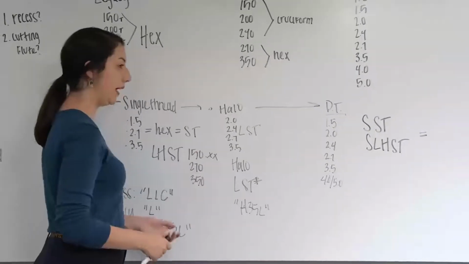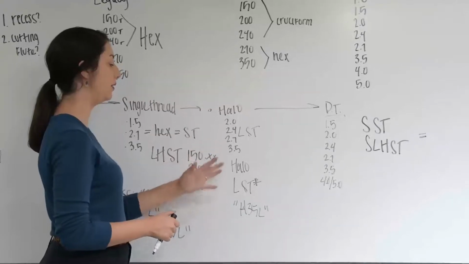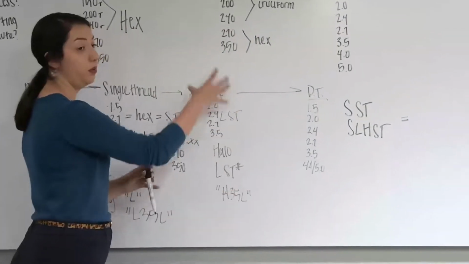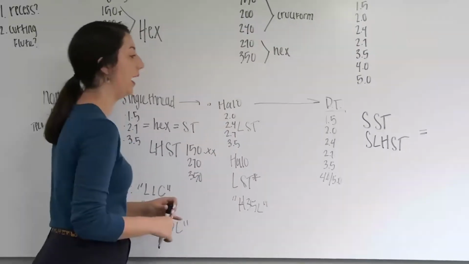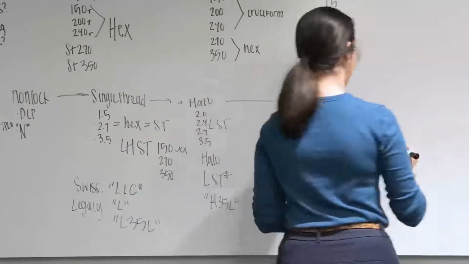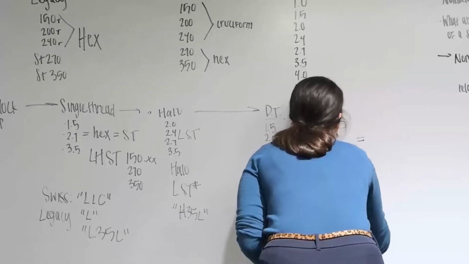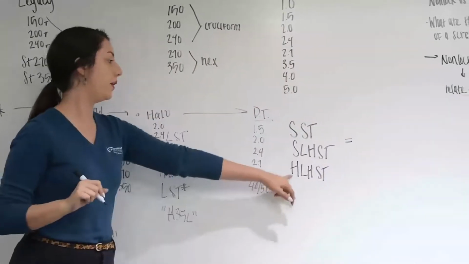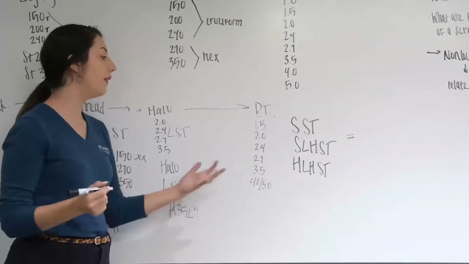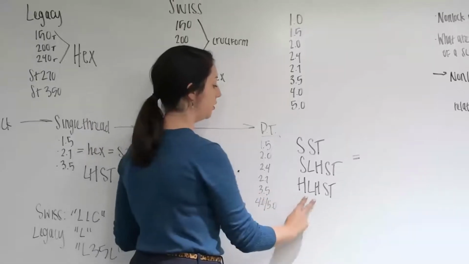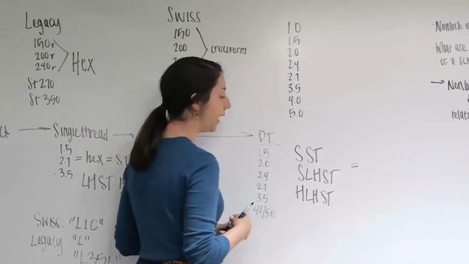Same with the concept of Halo. If you're transitioning out of the Halo system and into the DT system, you were in a hex recess. These are only available in hex. I should have added that, Halo only in hex. So we decided to manufacture hex double threaded screws. If you want a hex double threaded screw, you're just going to throw an H in the front. We've had some of the trainees say, oh, I can remember that it's a double threaded screw because there's two letters on either side, if that helps you.